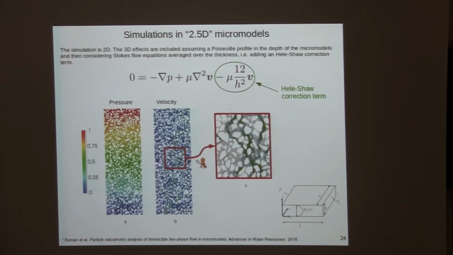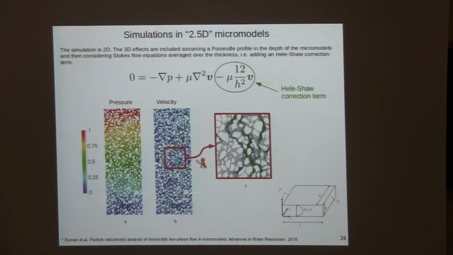So another example. One thing we use a lot in the lab is what we call the 2D micromodels, and we keep saying it's a 2D micromodel, but actually they are not 2D, because you have a porous media pattern that is etched and placed in between two parallel plates. We've seen the two parallel plates earlier.